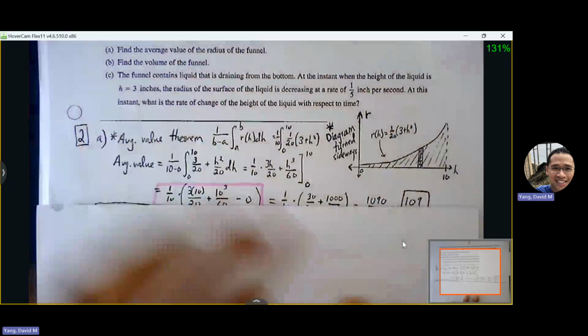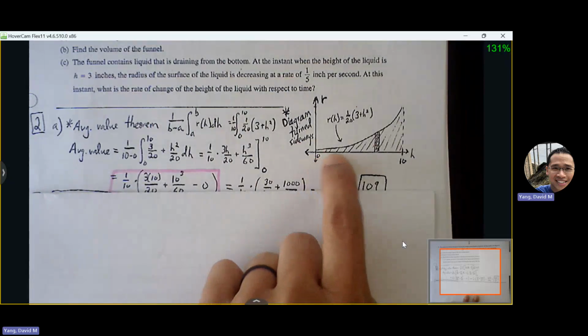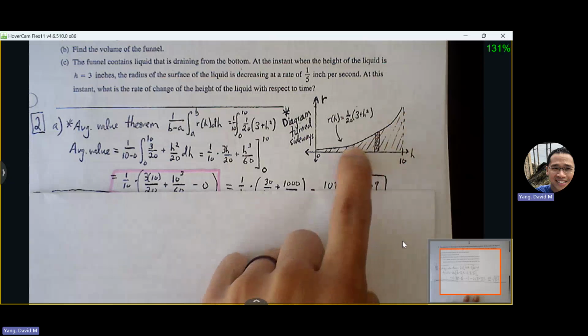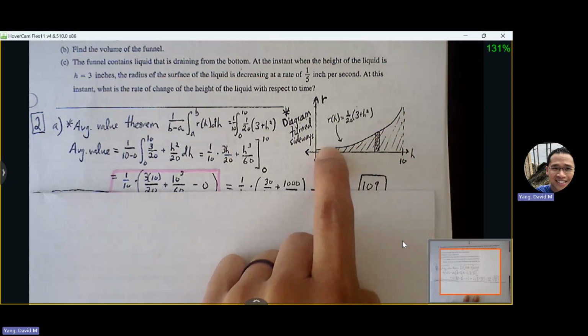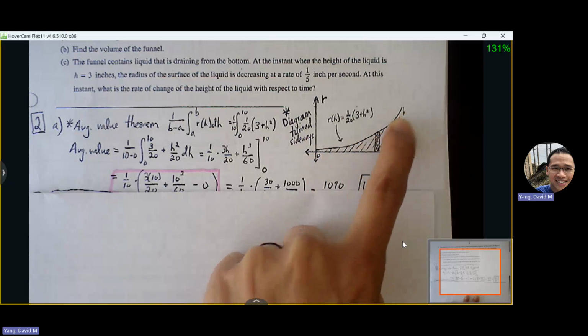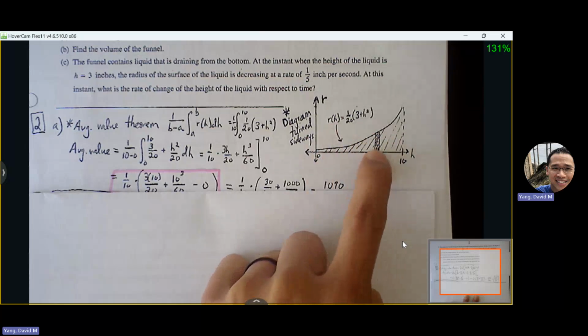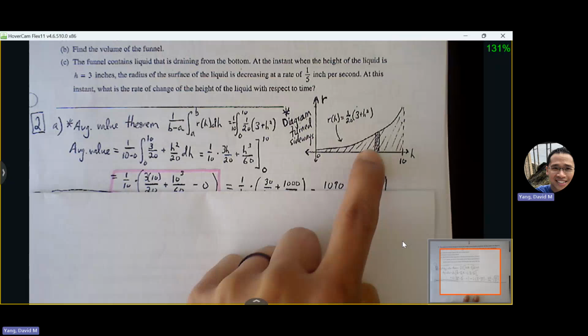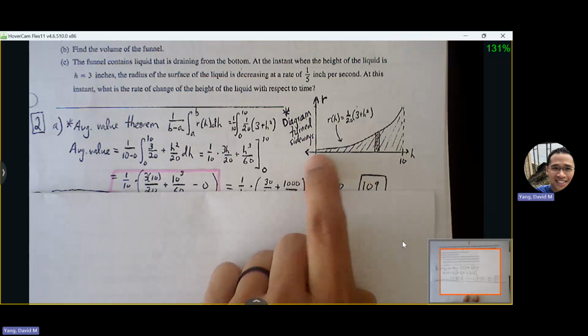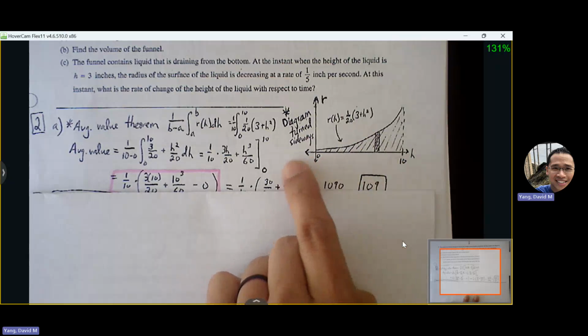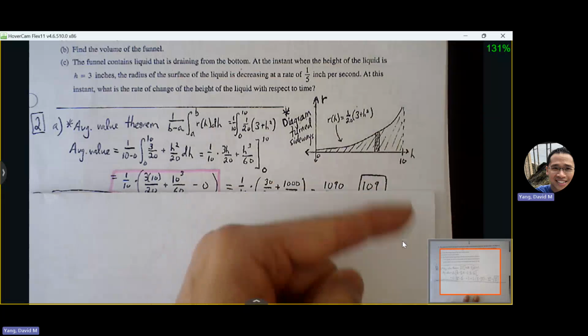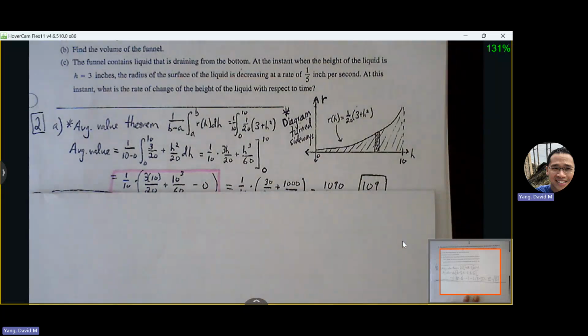So we really have to think of it as flipping it on its side, thinking of this curve as y equals 1/20 times (3 plus x squared), or in this case, r equals 1/20 times (3 plus h squared), and you're taking that curve and rotating it around the h-axis, the x-axis, and that is going to create that funnel shape.